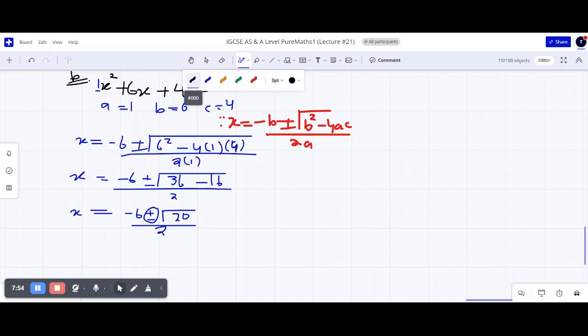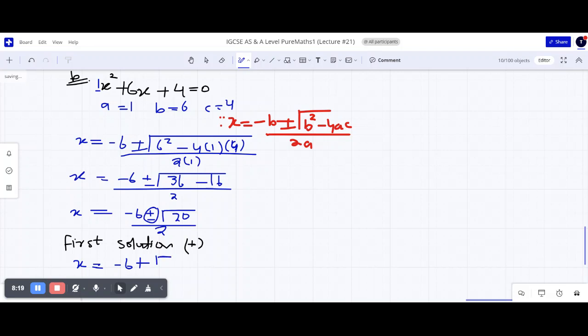Again we will write the first solution for the positive. One time we will write with positive, one time with negative. x equals minus 6 plus root 20 divided by 2.